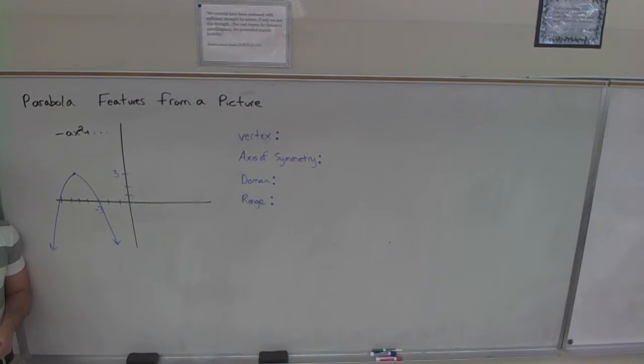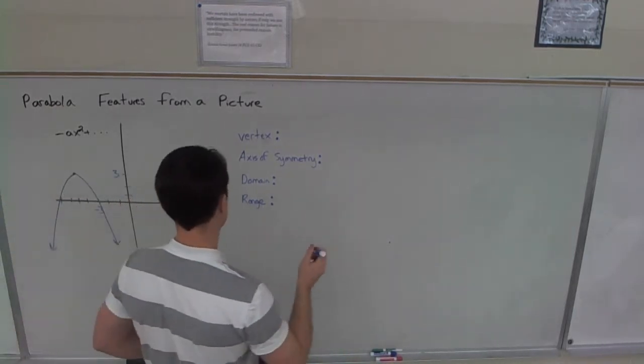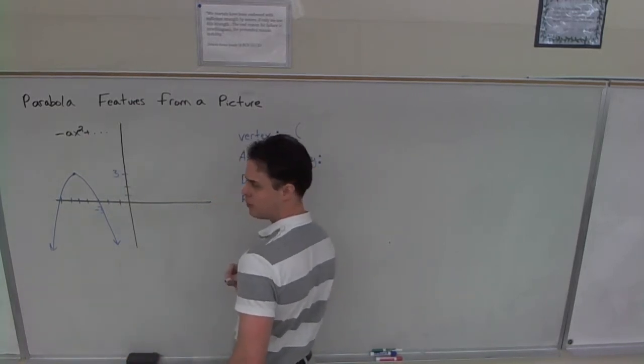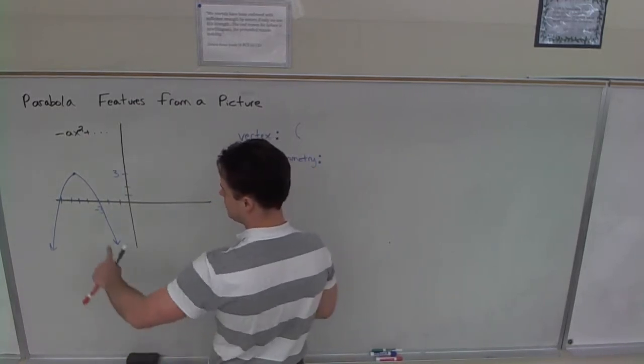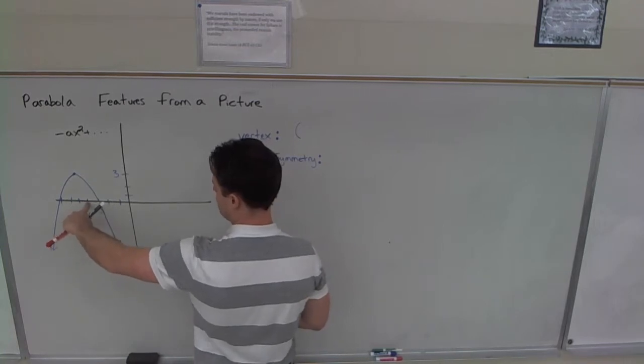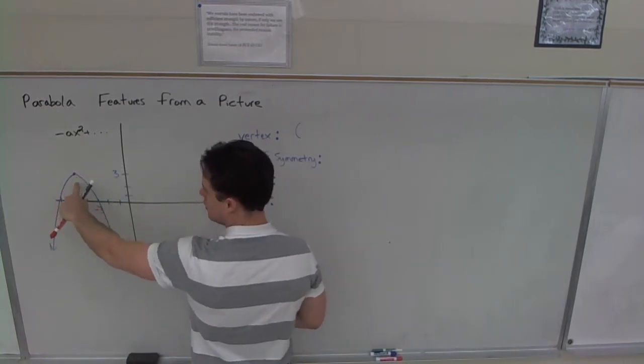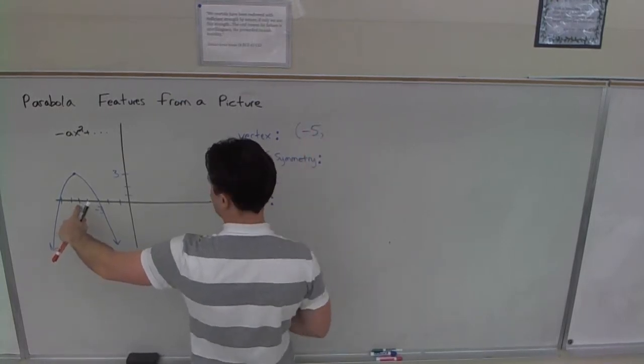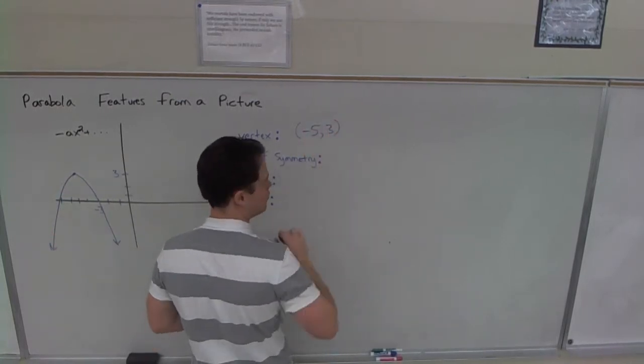So what does it look like the vertex is for this picture? It's a point, right? What's its x-coordinate look like? It looks like 3. So there's the vertex.